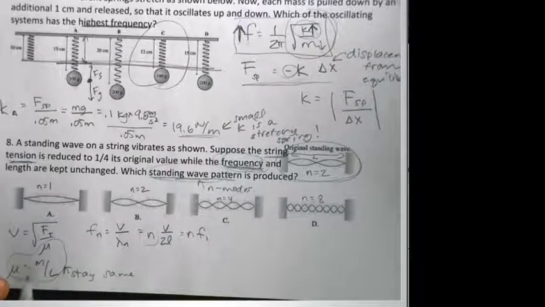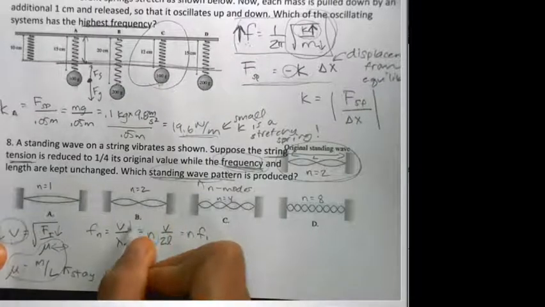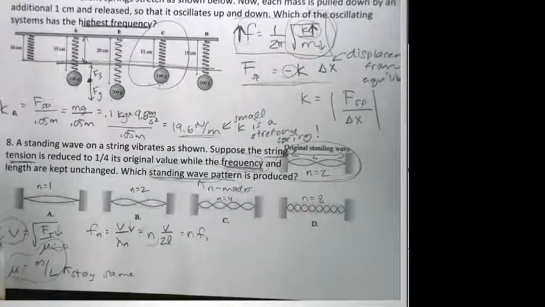So this stays the same, and this is going to go down. We will figure out by what factor. So we can figure out what happens to v, the speed of the wave. As the speed of the wave changes, it's going to go down, so let's put it down over here. That's going to change v, and that's going to have an effect on f.